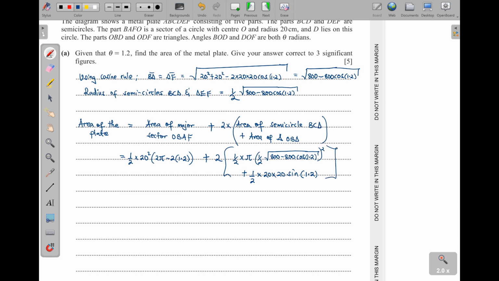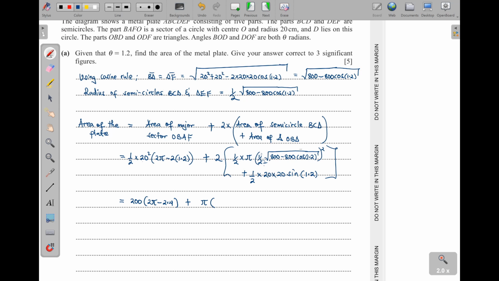Okay, and then from here, I can even do some simple simplification. This is 400 divided by 2, that will be 200, into 2 pi, then minus 2.4, then plus. So this times 2, that one will go, and then we shall have here pi, okay, into. Now, when I square here, this will be over 4.